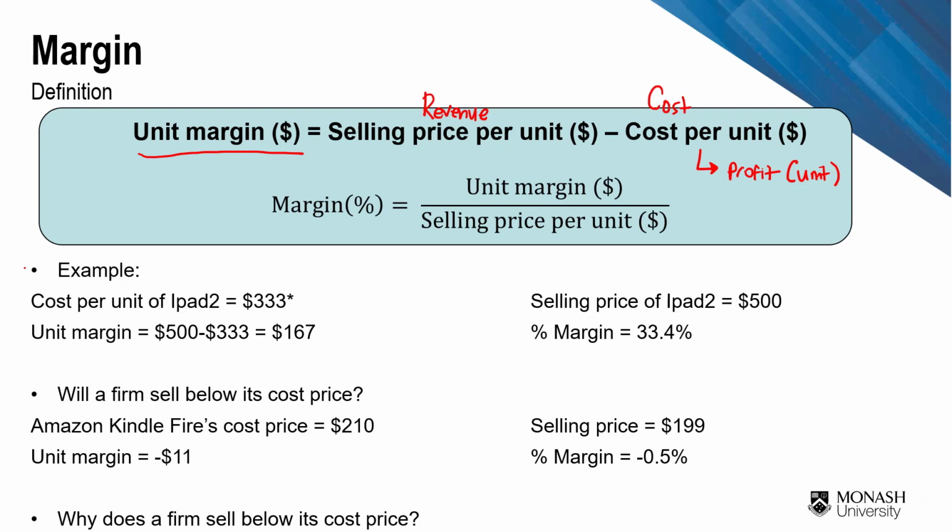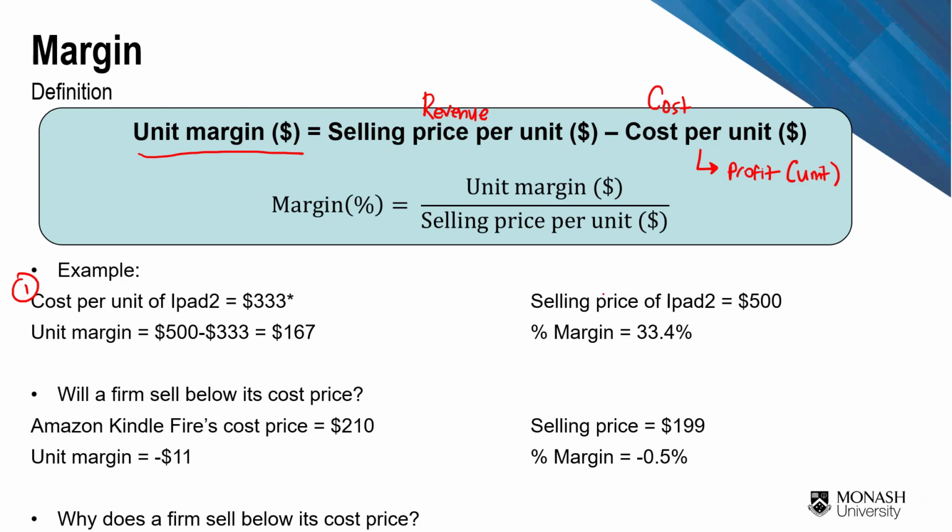The first example: the cost per unit of an iPad is $333, and the selling price of the iPad 2 is $500. I'm not sure the iPad 2 is still out now. I'm pretty sure there are newer iPads, but either way, the example shows it. So this is the cost, $333, and the selling price or revenue per unit is $500.